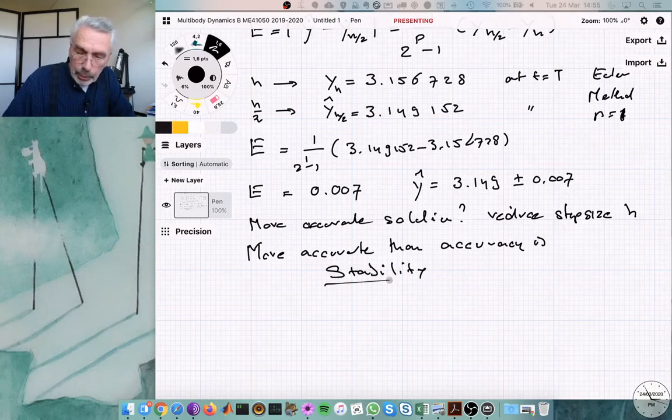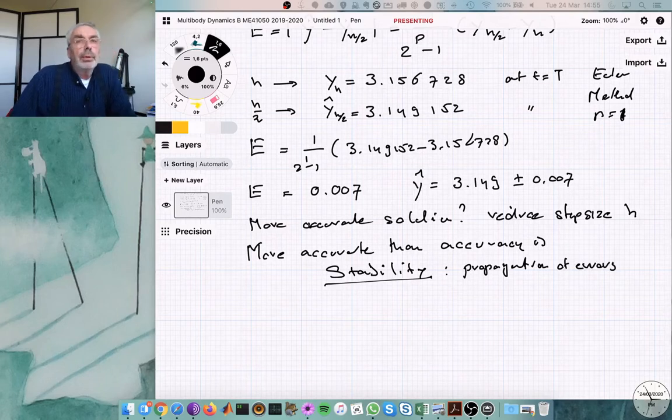Because if you don't have stability, then the whole thing will collapse, of course. And what do I mean with stability? With stability, I mean the propagation of errors. And what does propagation of error mean? Well, in one step you made an error, and then you hope that you don't drag that error along, you don't amplify that error, but that the error will slowly go away.